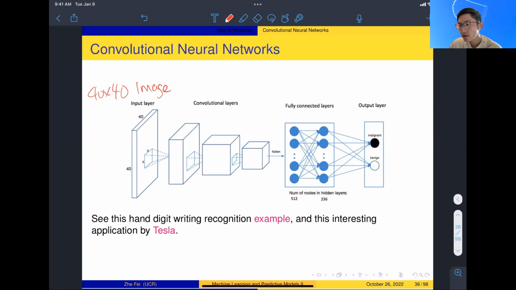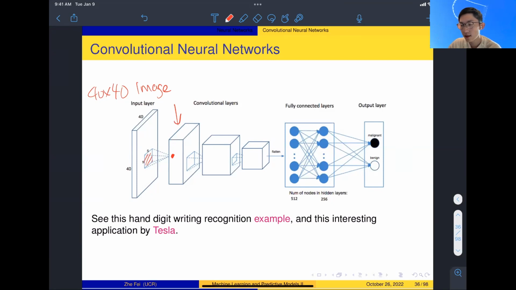We call this one a convolutional layer, where each neuron takes the information from this 5 by 5 neighborhood on your original input.